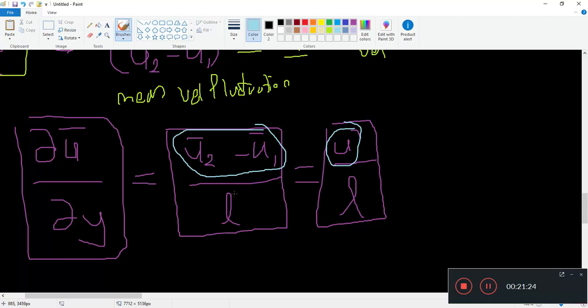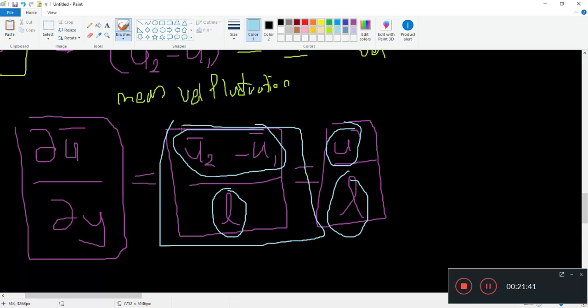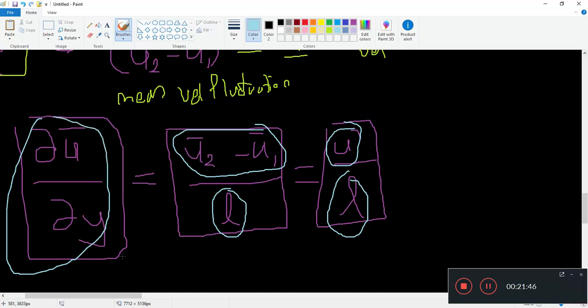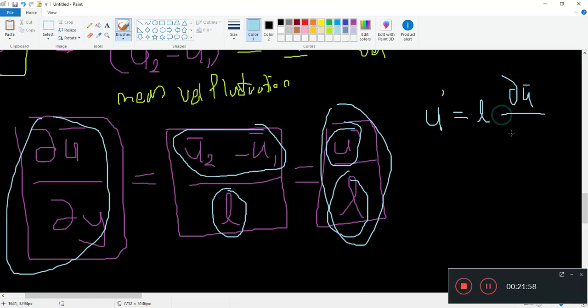Since the region of interest is within the scale of this mixing length L, we can divide both sides by L. Then this thing in the box is actually a velocity gradient, equal to u prime over L. And we can finally get u prime equals some mixing length times del u del y.